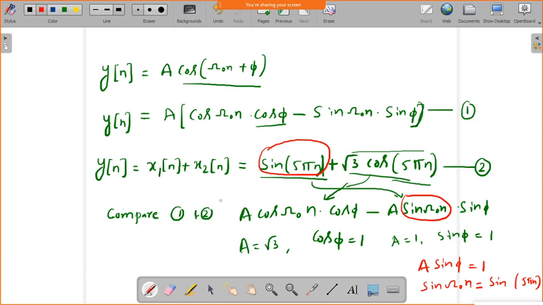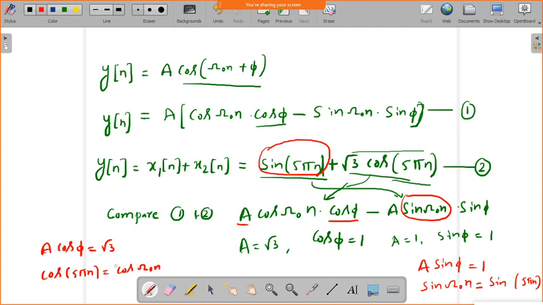And in a similar way here, what is A cos phi? A into cos phi we can take as root 3 into 1, which is root 3, and similarly cos of 5 pi n, which is equal to cos of omega naught n.